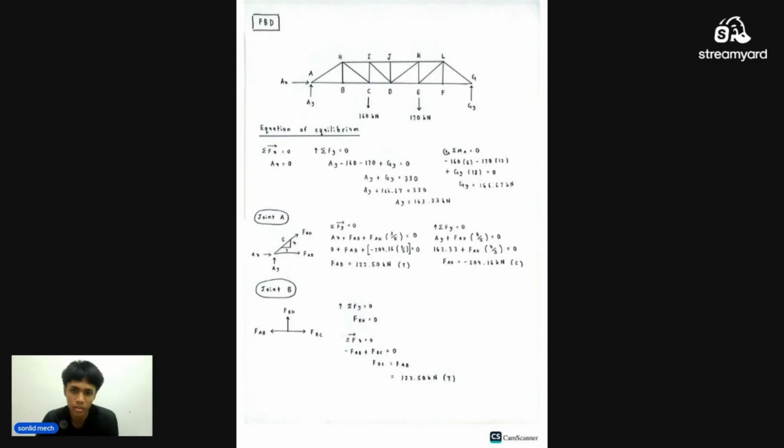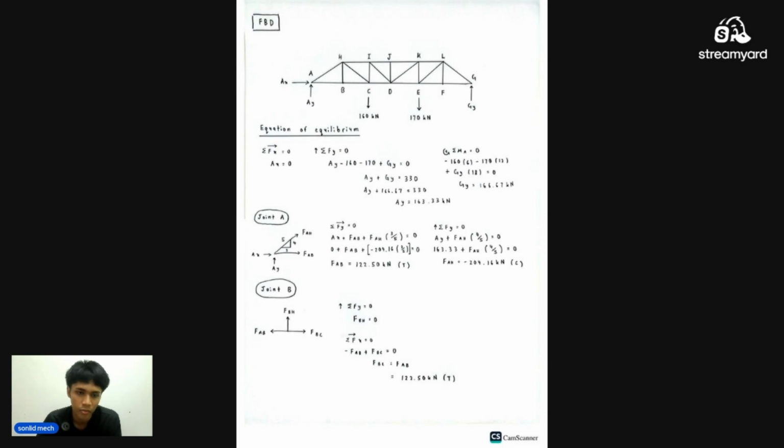Insert the value in the equation and we get the value of FAH is negative 204.16 kilonewton in compression. And then we can get the value of FAB, which is 122.5 kilonewton in tension.